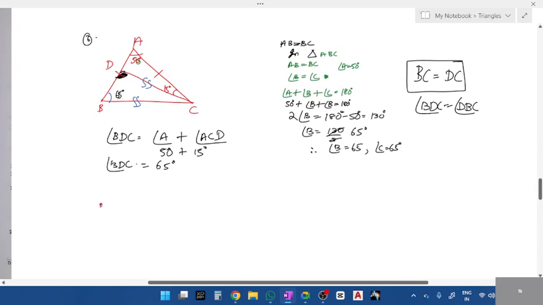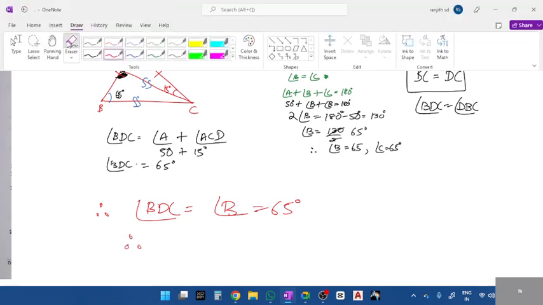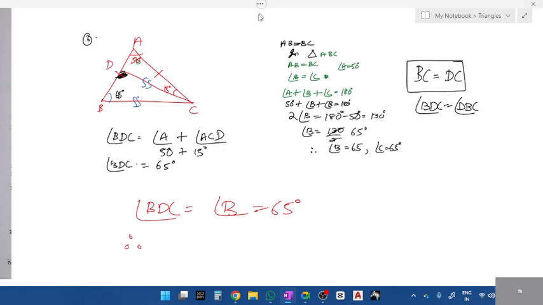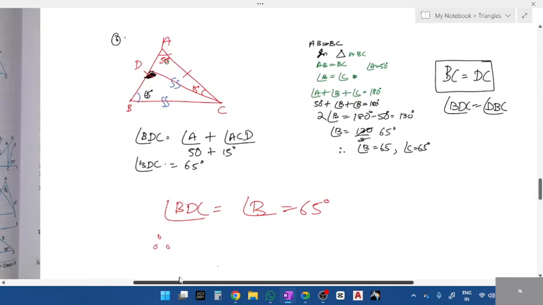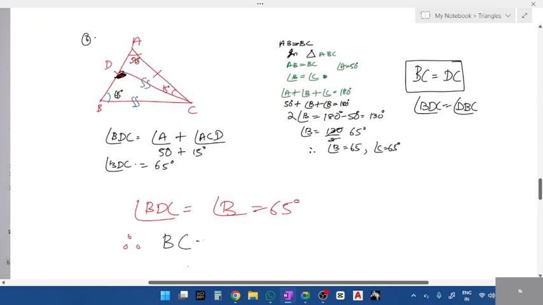Therefore angle BDC is equal to angle B, 65 degrees. If these two angles are equal, we know that two sides are equal. Which two sides? Side BC is equal to CD.